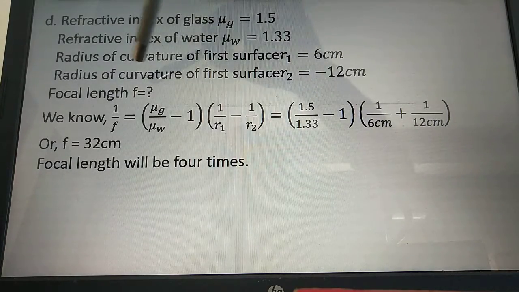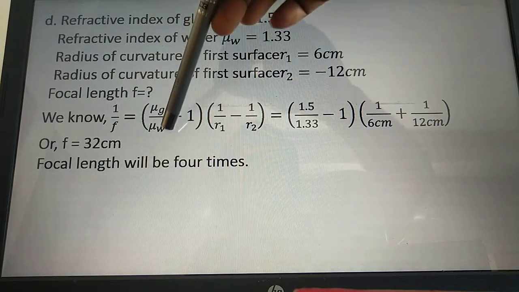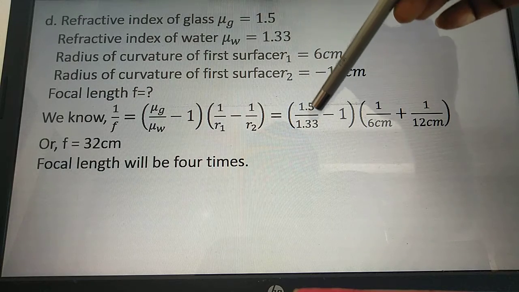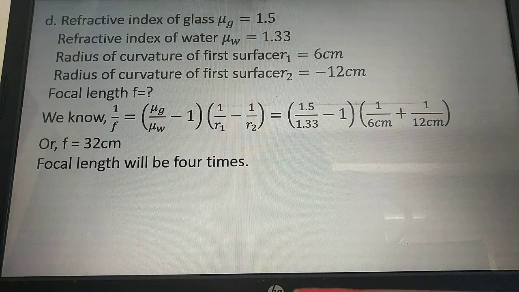And the focal length: since the lens is in water, 1 upon F is equal to (mu g by mu w minus 1) into (1 upon R1 minus 1 upon R2), that is (1.5 by 1.33 minus 1) into (1 by 6 cm plus 1 by 12 cm), or F is equal to 32 cm. Therefore the focal length will be 4 times, because the previous focal length was 8 cm and the present focal length is 32 cm.